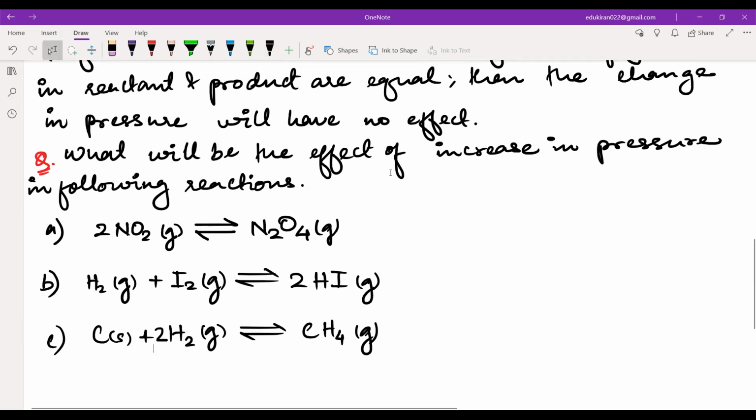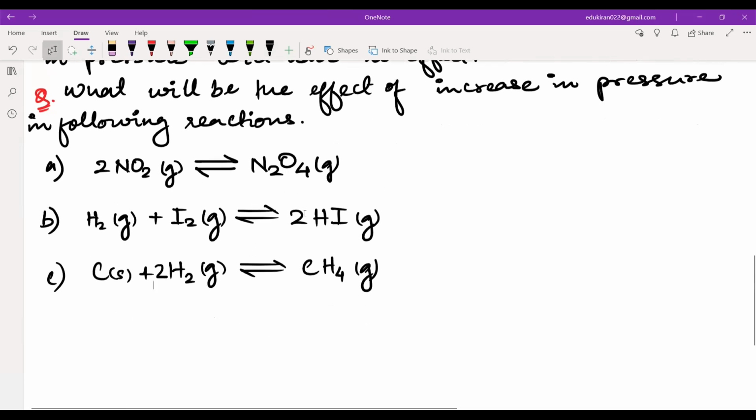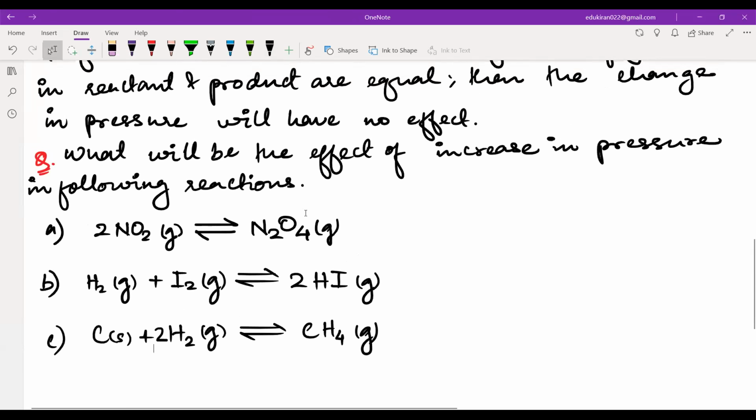Please keep in mind that it should be a balanced chemical reaction. So for these three, I'm increasing the pressure. You have to tell me what will be the effect. Whether the equilibrium will change toward forward direction, backward direction, or no effect. You have only three options.